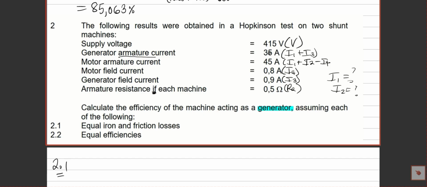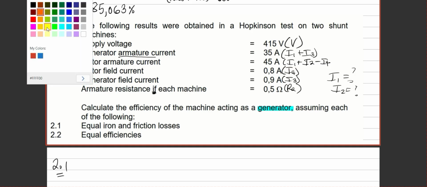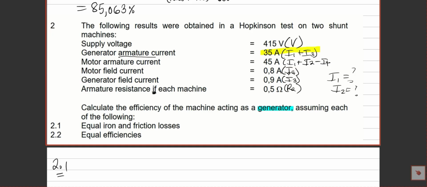Let me use a different color marker so that you can follow along. Can you guys see that color there? I'm talking about this and that. We're going to use those two pieces of information.